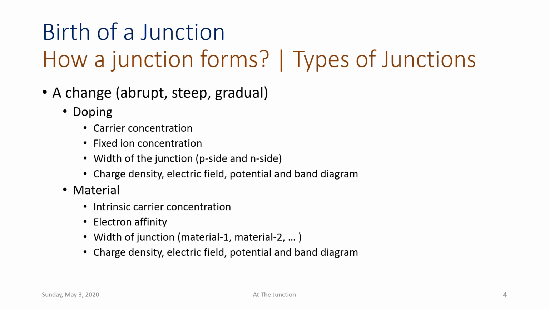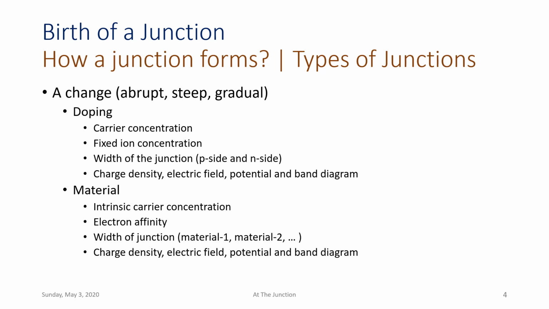Another way of forming the junction is to use a different material, which means that two completely different materials could join together. And when that happens, we have to consider the intrinsic carrier concentrations of the two different materials, and the electron affinities of these materials with respect to the vacuum level.